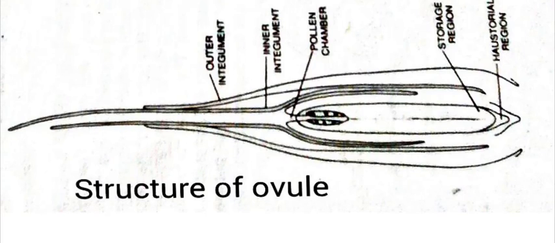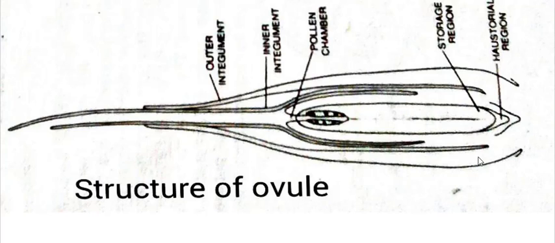In this structure diagram, the structure of the ovule is shown. This is the central parenchymatous tissue which is known as nucellus, and around this nucellus two integuments are present.